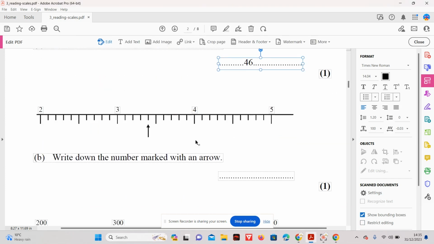Question 1b, I should say, we've got some numbers again. We've got 2, 3, 4, and 5, so it goes from 2 to 5. Now, this time, because we're dealing with the ones and not tens, hundreds, thousands, we need to go into decimal mode. So first, I'm going to work out the gap between the 2 and the 3, see how many there is in between.